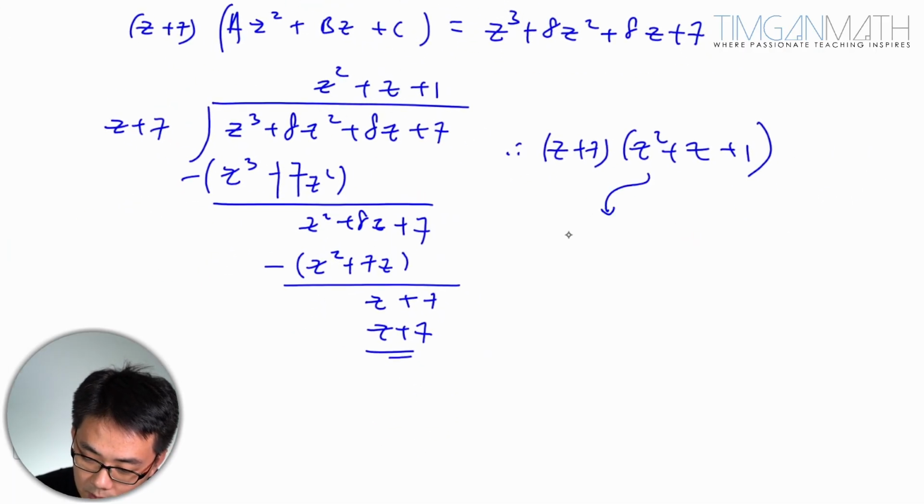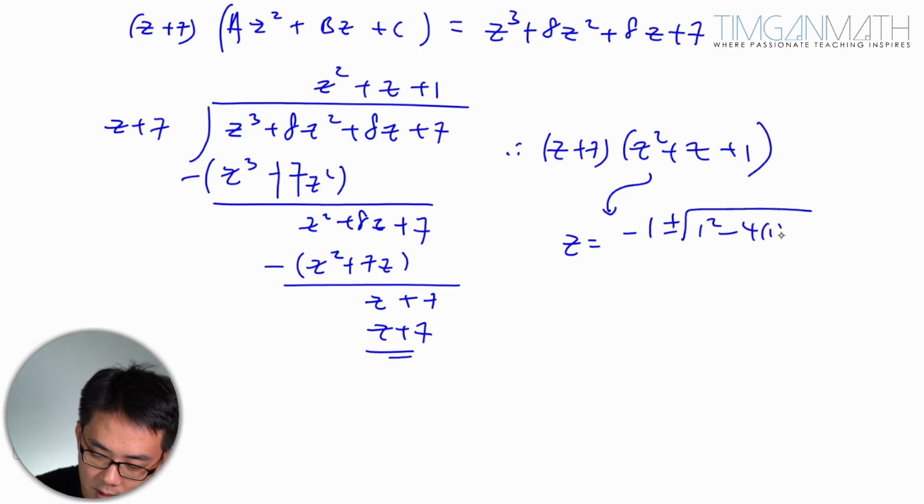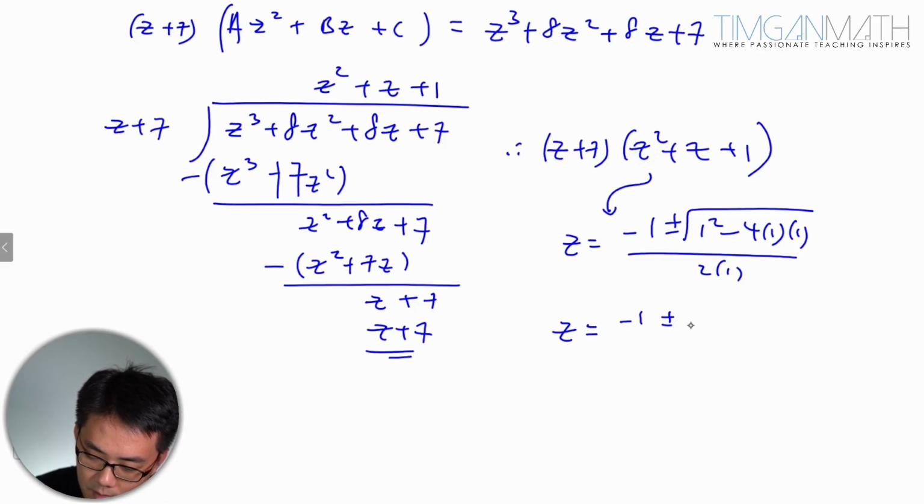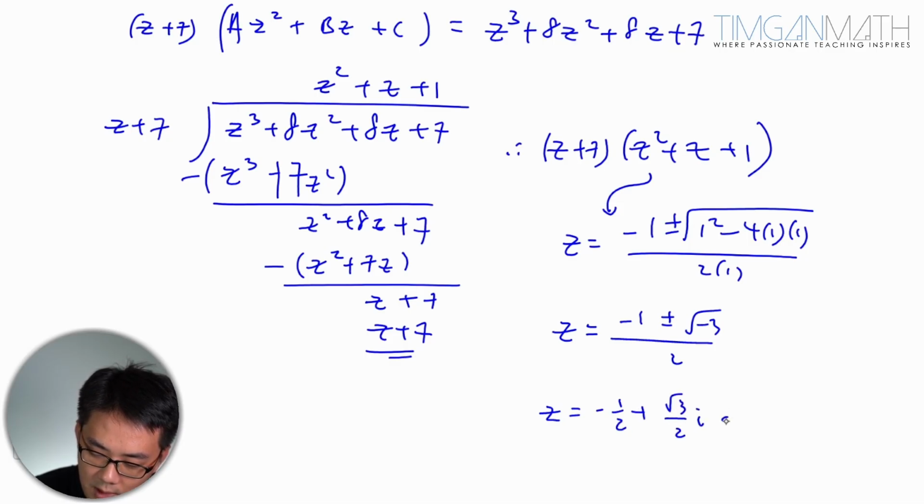So this root here will be z equals minus b, which is 1, plus minus root of b squared minus 4ac over 2 times 1. z is equal to minus 1 plus minus root of 3 minus negative 3 over 2. z equals minus half plus root 3 over 2 i, or minus half minus root 3 over 2 i.